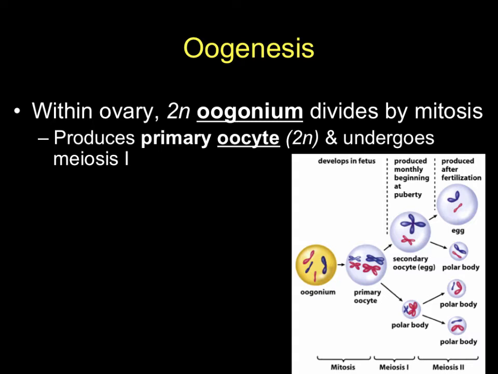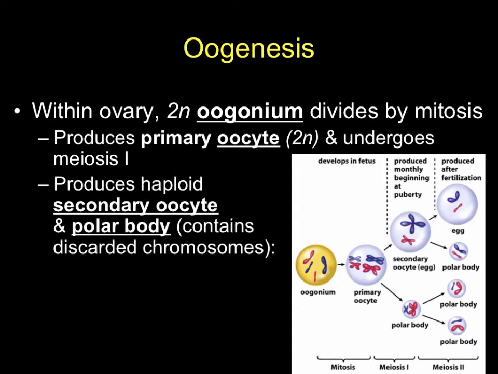Meiosis 1 occurs and is going to produce what are called secondary oocytes, and also a structure called a polar body. If we look over here, we've got oogonia dividing through mitosis to produce, again, another oogonium and a primary oocyte. The primary oocyte goes through meiosis 1 to produce a secondary oocyte, which is relatively large still. And in comparison, this is actually not drawn to scale, this is typically much smaller than is shown here, is a polar body.